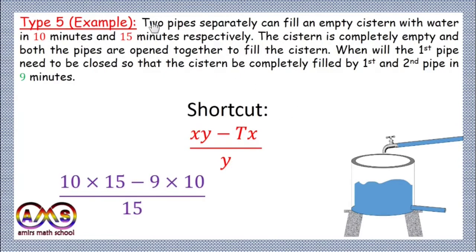If we substitute the values from this problem, X is 10, Y is 15, and T is 9. So XY, that is 10 into 15, minus T into X, that is 9 into 10, divided by the value of Y, that is 15, which gives the value 4.